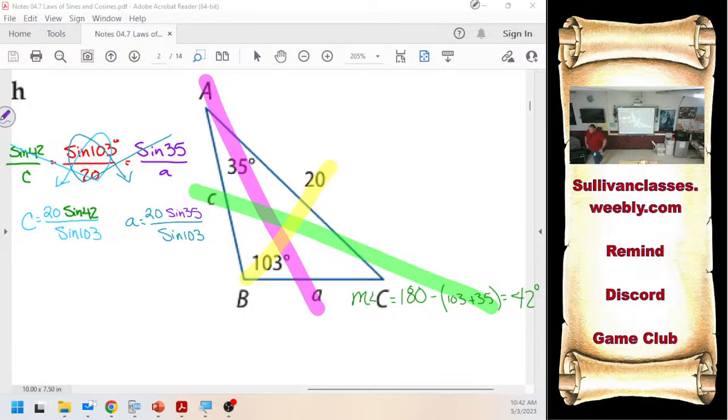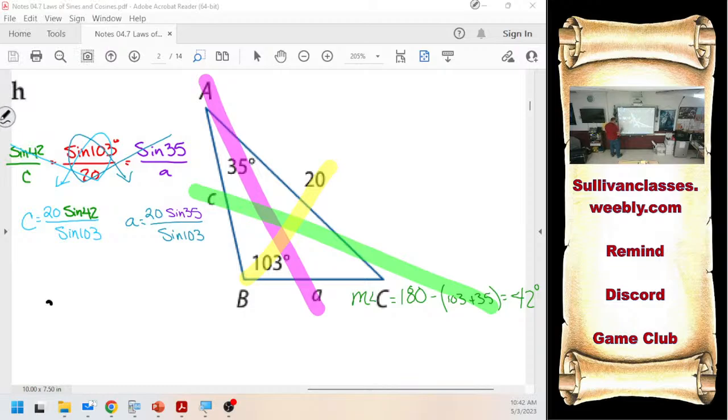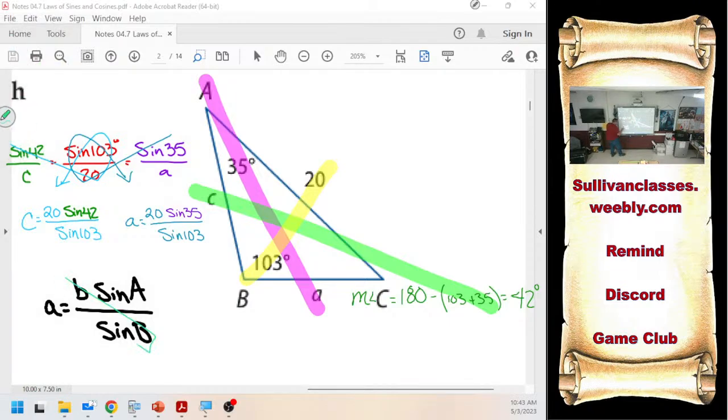I write them like this with the colors like this because there's a shortcut here. Do you see how my control pair was always there in my solution? So I would like you to write on here, we get a little cheater shortcut that says if I'm looking for side A, I'm going to take B sine of A over sine of B, where this is my control pair.